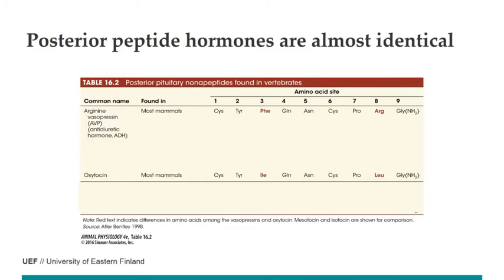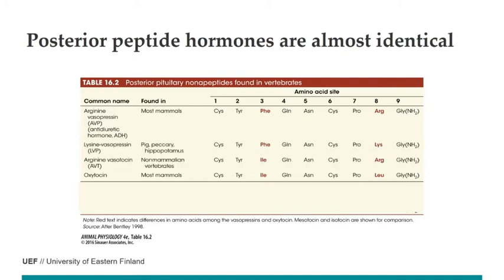And these peptide hormones are then easy to modulate and form new hormones. And it's also very nice that if you are tracking different animal groups, you can see some kind of evolution. So arginine vasotocin, in non-mammalian vertebrates, is a combination of antidiuretic hormone and oxytocin.